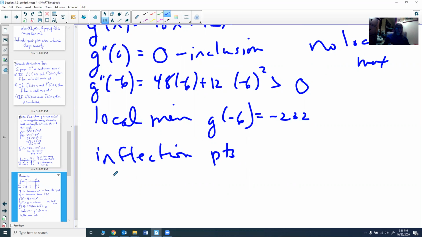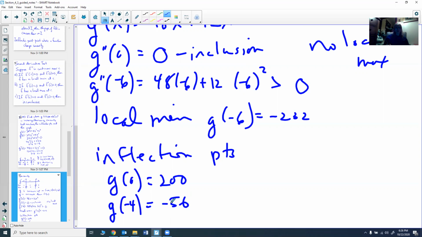And the inflection points are g of 0. And g of 0 is, if you go back to your function, g of 0 is going to be 200. And we also have an inflection point at negative 4. And g of negative 4 is negative 56.